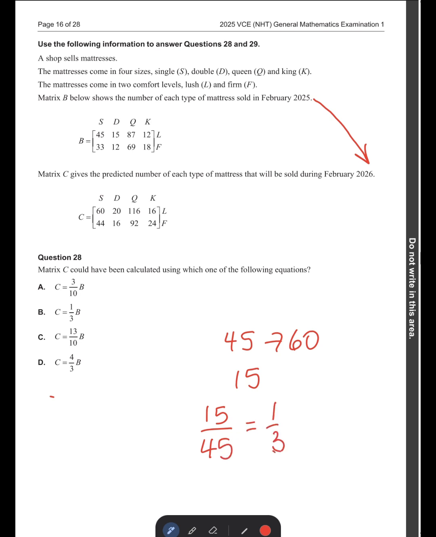But what is actually happening is it's increasing by a third, which means it's a third plus 1. So it's actually going to be 4 over 3 times B, or C. Okay, so it's actually going to be D there because it is increasing. So automatically we can say no to A and B because they're both going to go lower, because their numbers are less than 1.